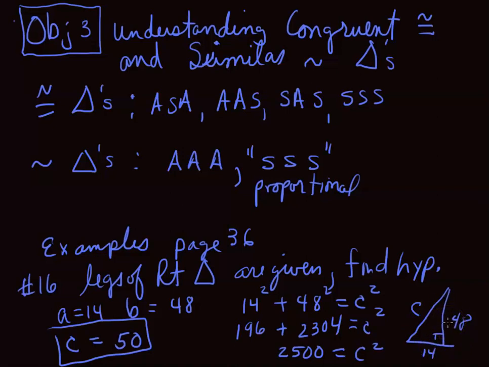Okay. How about number 24? Given the sides of a triangle, determine if it is a right triangle. Now, sometimes you don't want to write down the whole problem because it's pages worth of stuff. But some of these are just a little bit long. It's not bad.